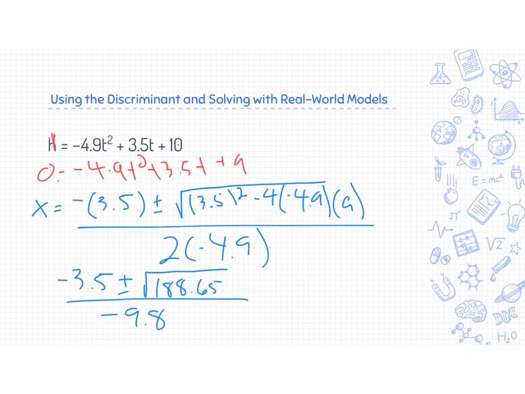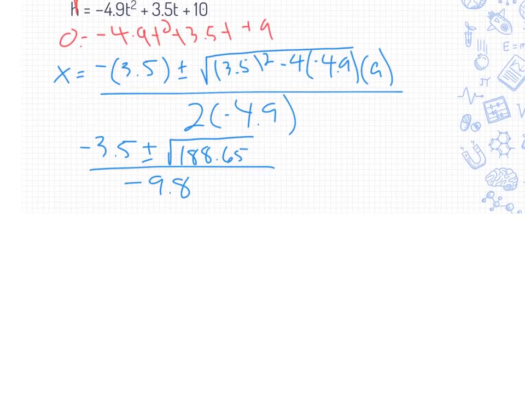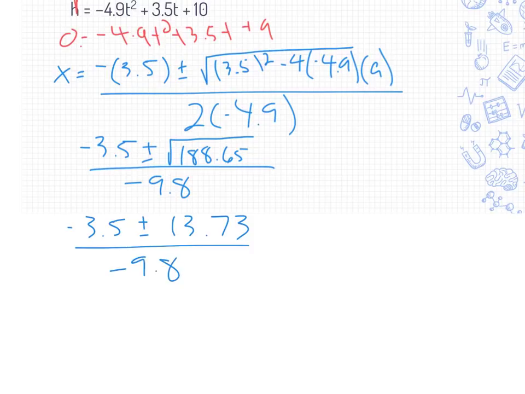Continuing to use our calculator to simplify the square root of 188.65, that gives us negative 3.5 plus or minus 13.73 all over negative 9.8.